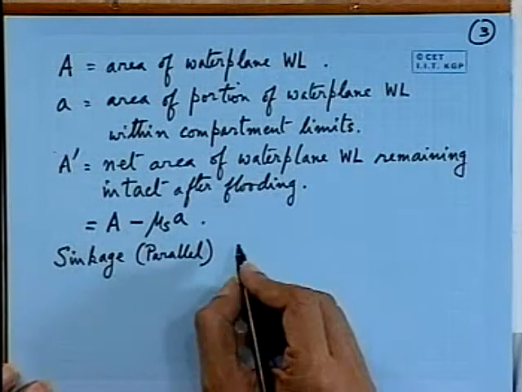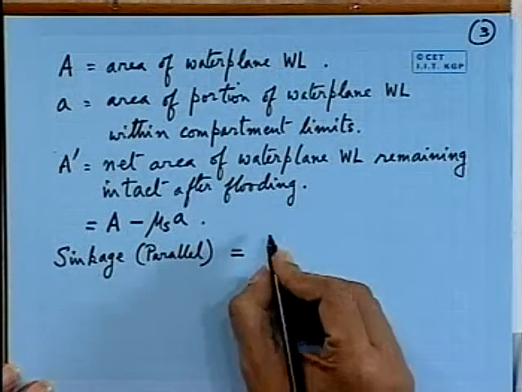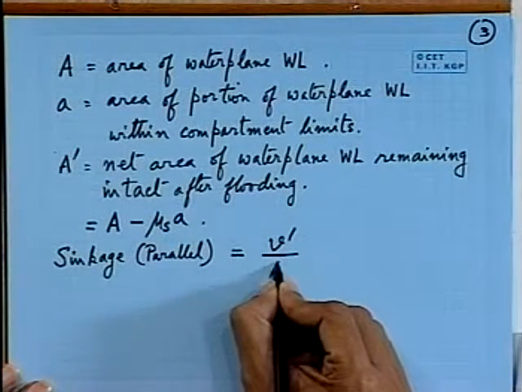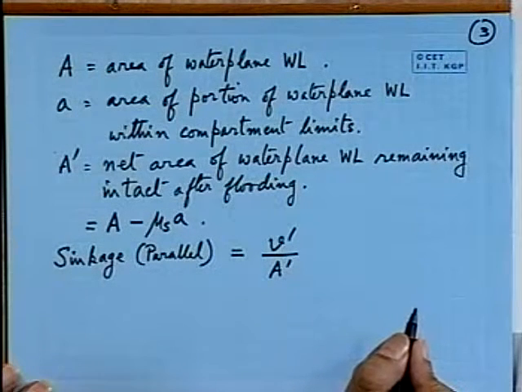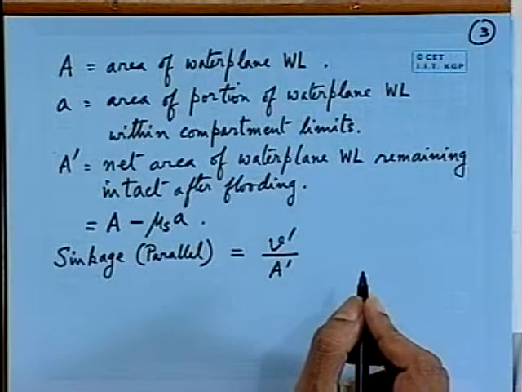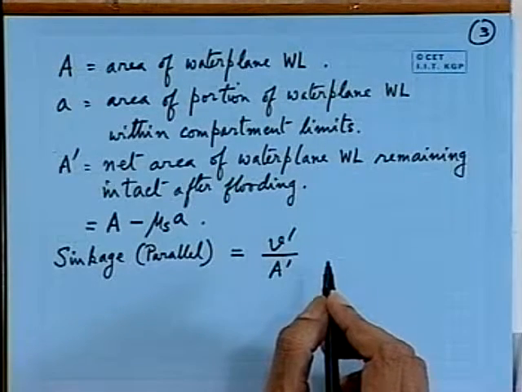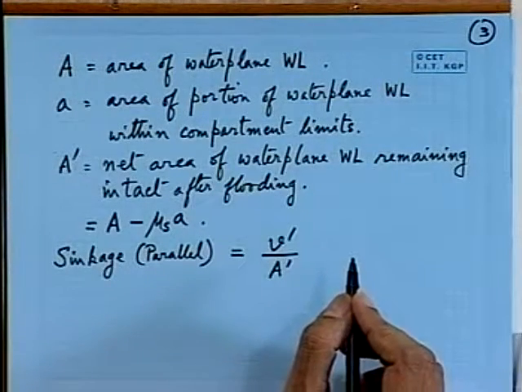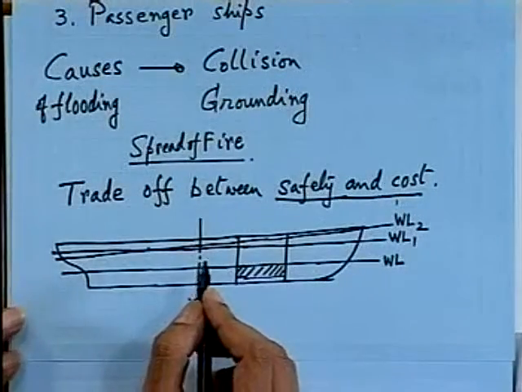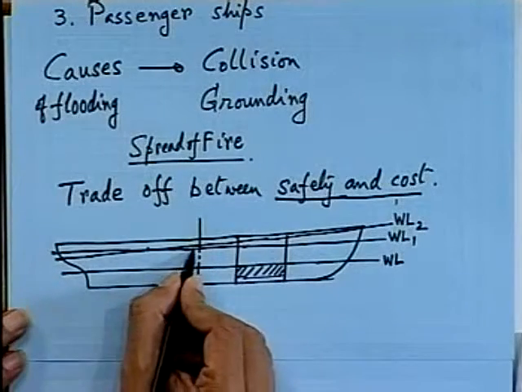Now, how much is going to be the parallel sinkage? So parallel sinkage will be V prime over A prime. V prime is the amount of flood water that has entered, by the lost buoyancy method, and the buoyancy that you have gained.